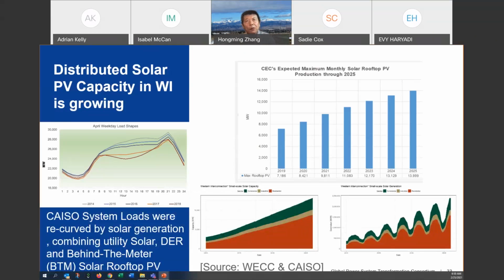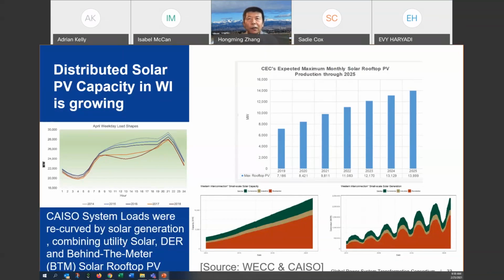Here I want to use some plots from WECC, CAISO, and ERCOT to show the current operating picture. On the right side, at the top, this is a rooftop solar project.